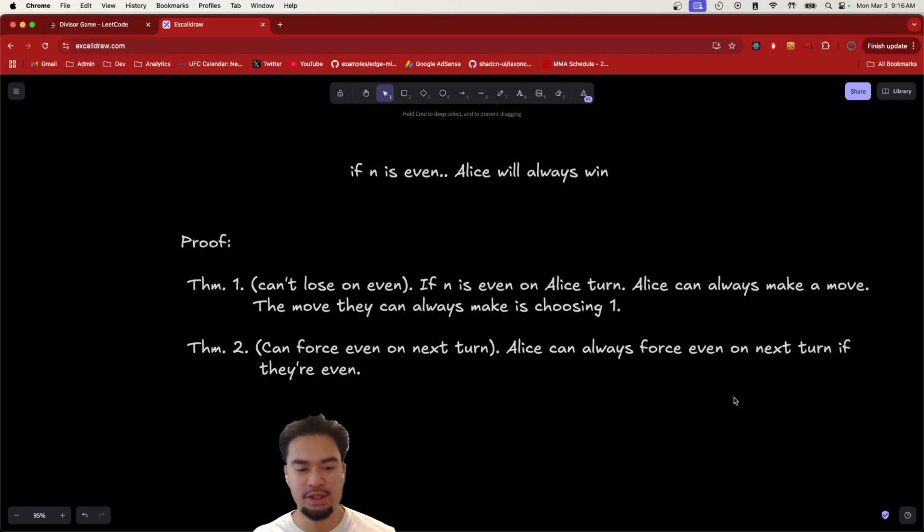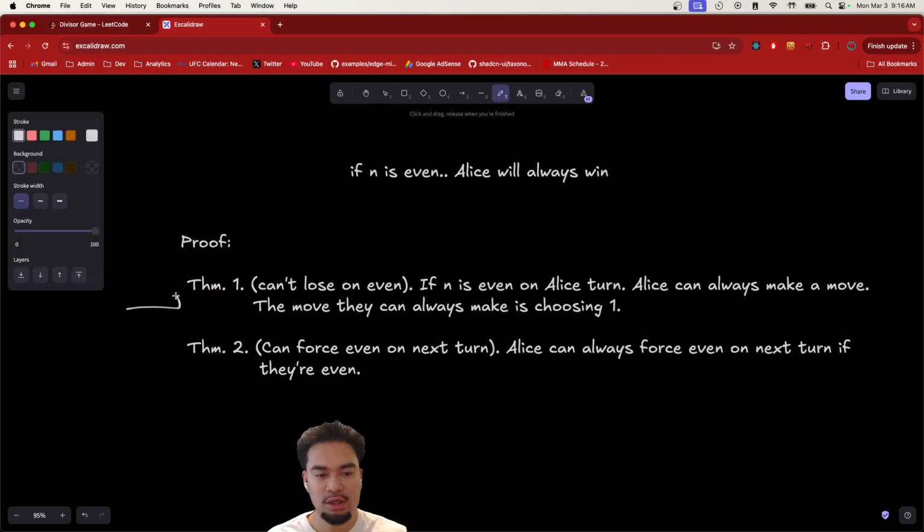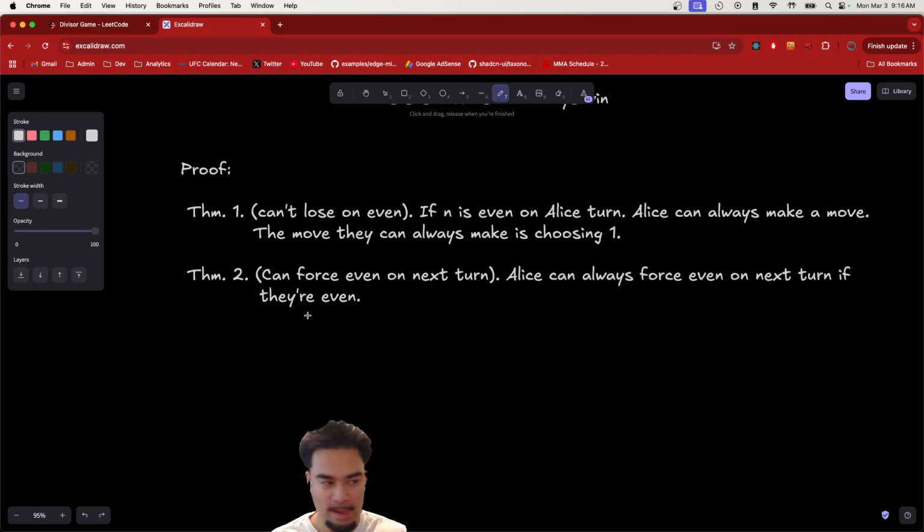So now think about this. If I'm on even and I can never lose when I'm even, because I could always choose 1, and I could always force myself to get even on the next turn, then I can never lose, and that means Bob is gonna lose. Just think about that a bit.